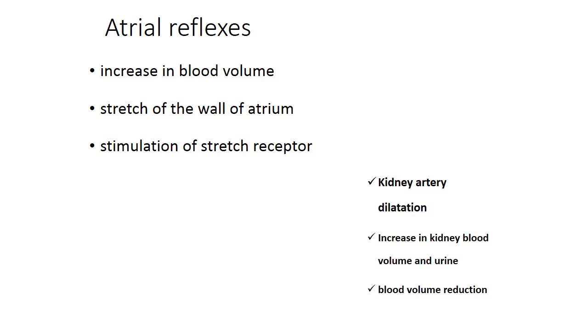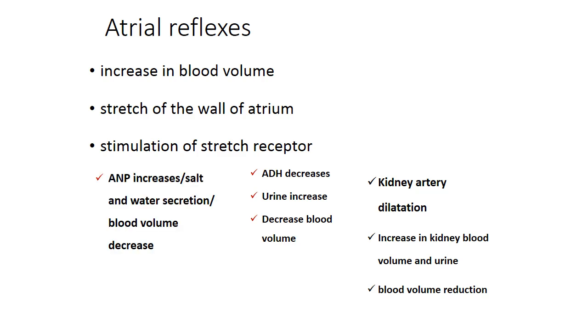By activating the atrial reflex, we get kidney artery dilation, increased kidney blood volume and urine, and blood volume reduction. ADH decreases, urine increases, blood volume decreases, ANP increases, salt and water secretion increases, and finally blood volume is decreased. So by the atrial reflex we can decrease blood volume.